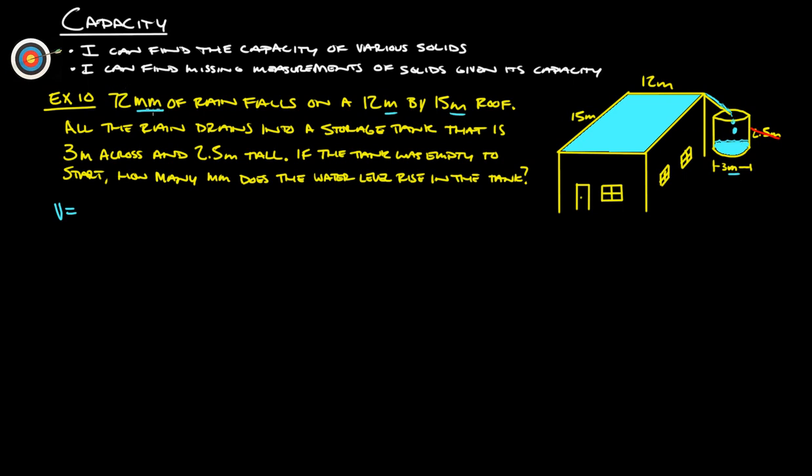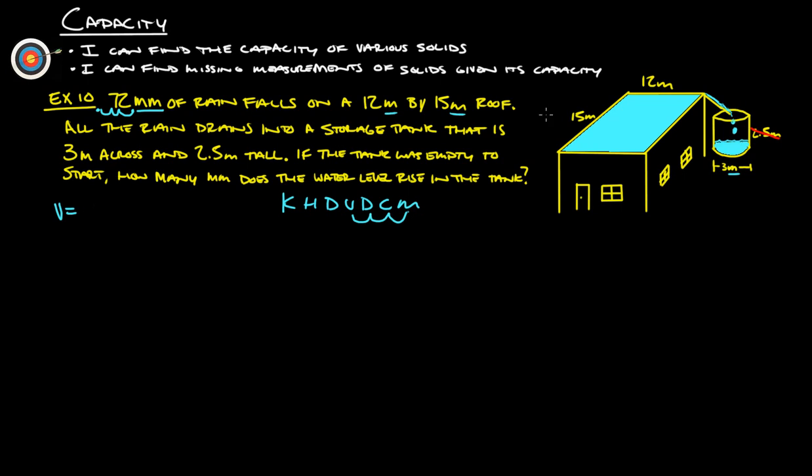So what I want to do here is turn this 72 millimeters into meters. If you'll remember, we have King Henry died unexpectedly drinking chocolate milk, right? So we want to go from millimeters back to meters. So we've got to move the decimal over 1, 2, 3 spots to the left. So here's our decimal, 1, 2, 3 spots to the left.